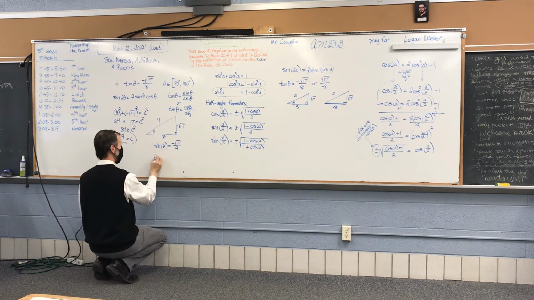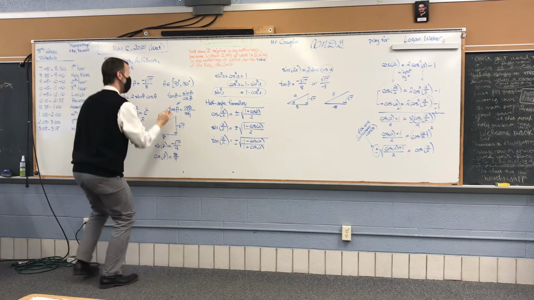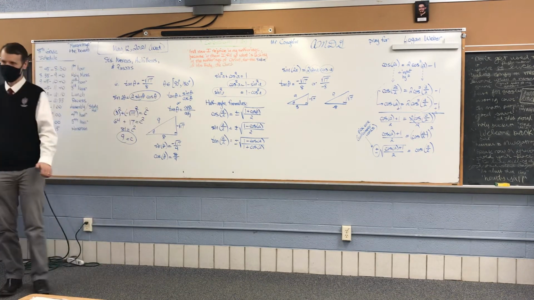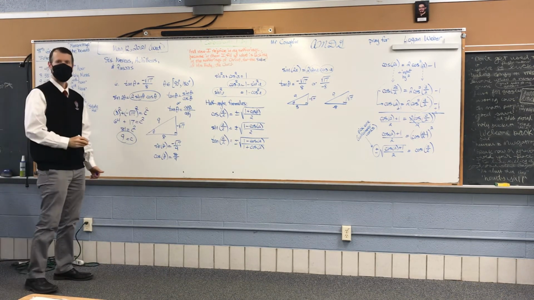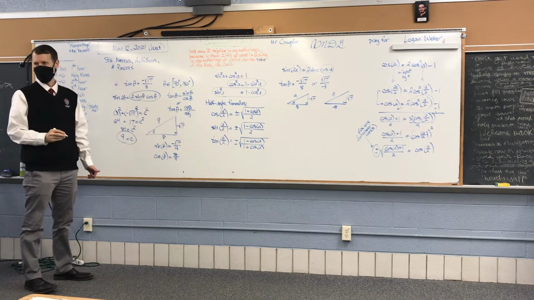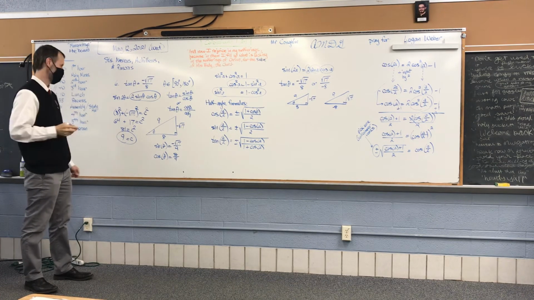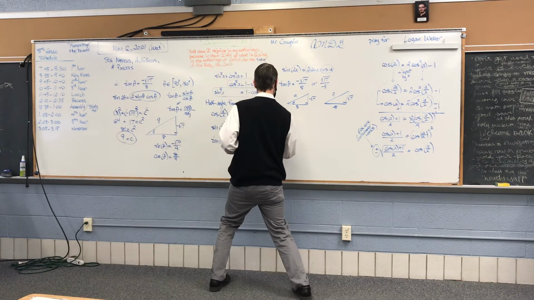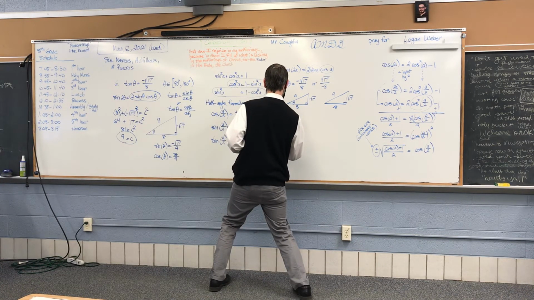Give me cosine while you're at it. 8 over 9. Now, somebody use this formula and give me my final answer. Let me see. Abby, help me out here. So what is 2 sine of theta times cosine of theta?